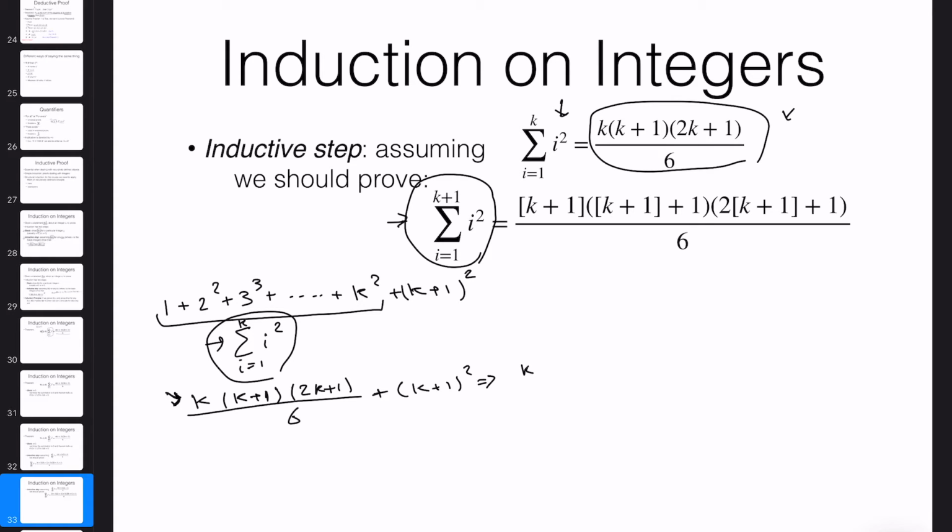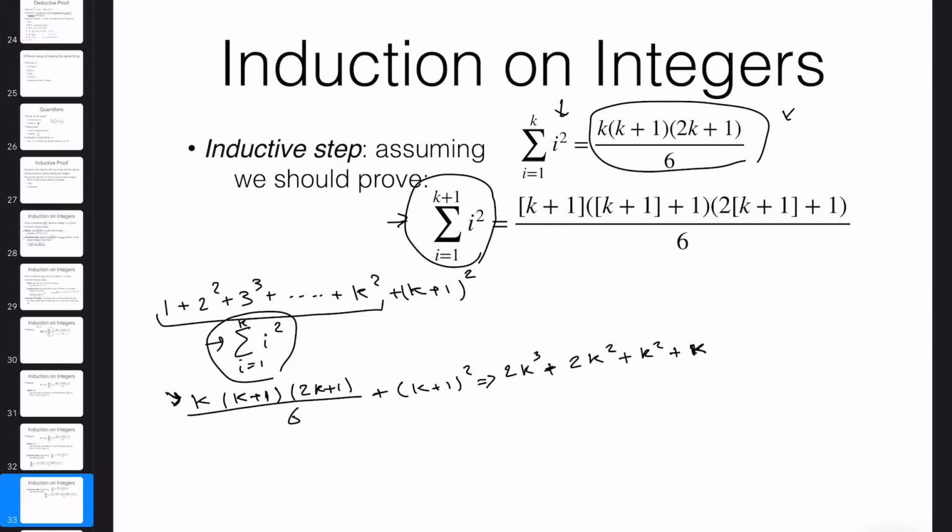This is going to be 2k power 3 plus 2k power 2 plus k power 2 plus k.